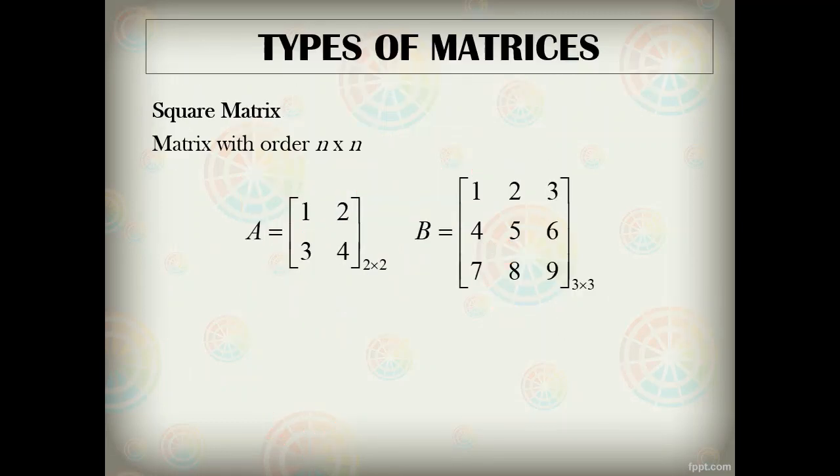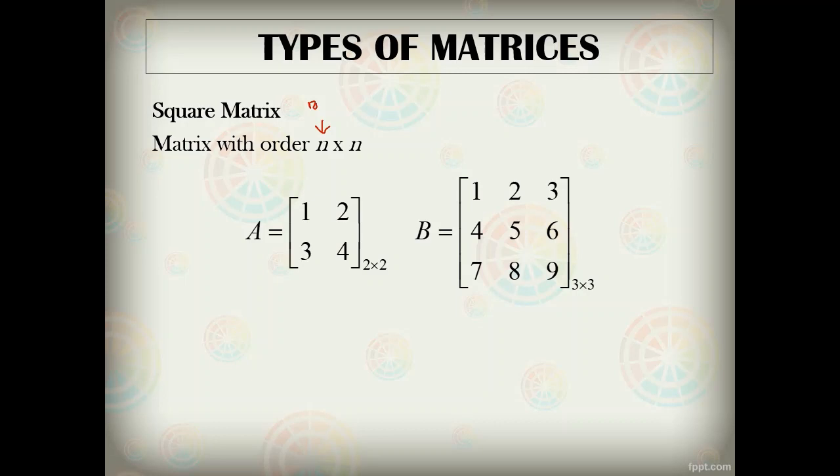Now let's go to types of matrices. I will introduce the types of matrices one by one. The first one is the square matrix. What is a square matrix? A square matrix is when the number of columns equals the number of rows.